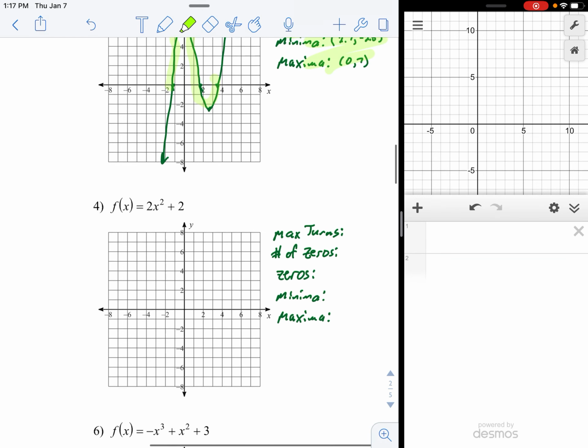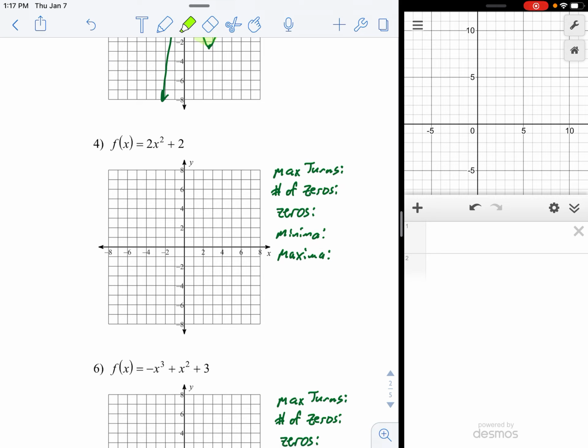All right, let's do number 4. Now, number 4 is positive, even, so I know from yesterday it's going to be this shape, a parabola, which means it can only have one turn. It goes down and then it turns up. Yesterday we did some examples with a 4th power, and I talked about how that could be sort of a W shape. If you didn't watch yesterday's video, maybe you should.